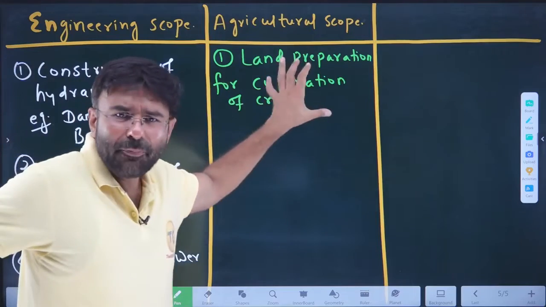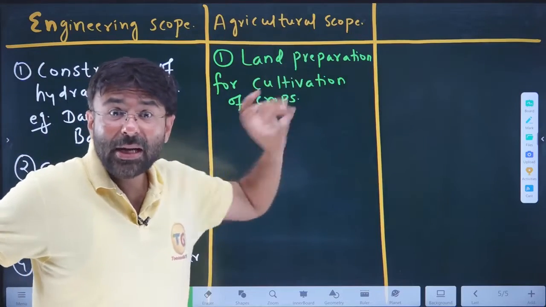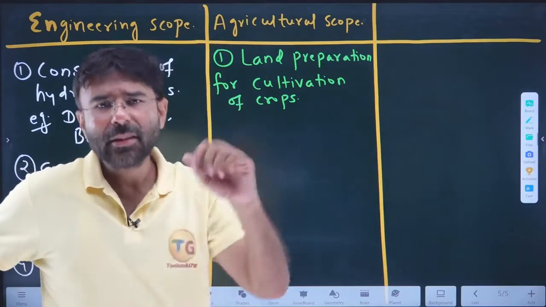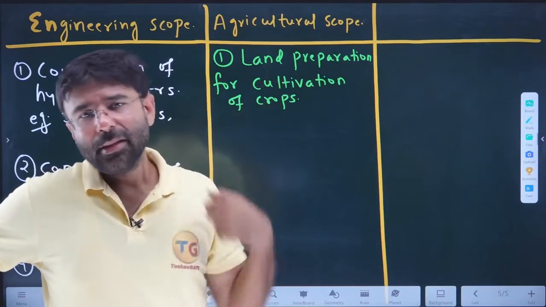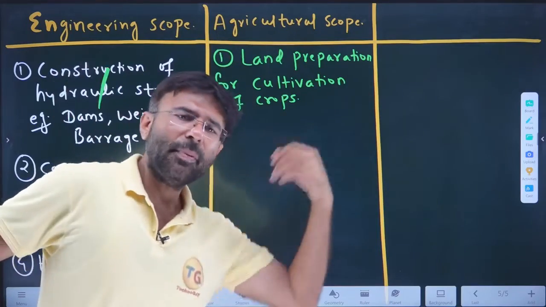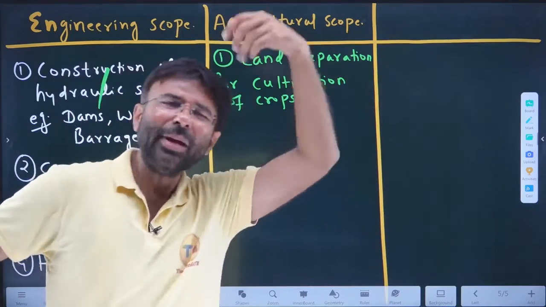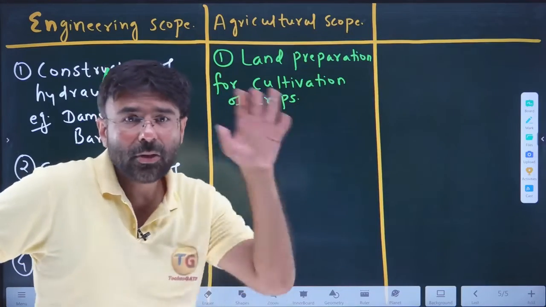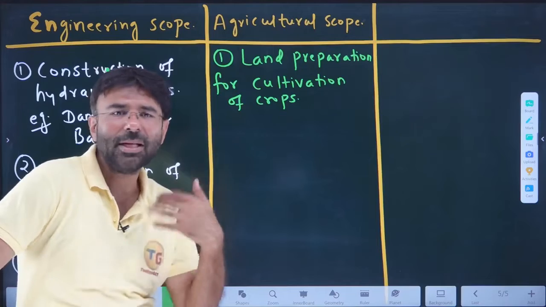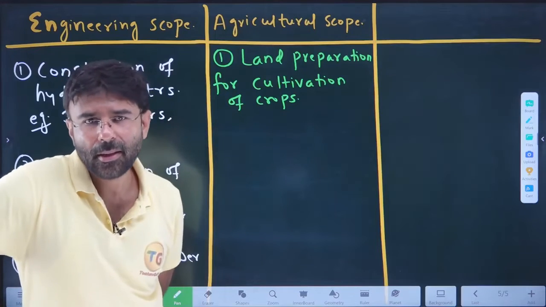Now I have prepared a land, and over this land which crop needs to be grown? Will it be rice? Will it be wheat? Will it be gram? Will it be sugar cane? Will it be some potato, tomato, anything? Which crops need to be grown in a particular season? As a civil engineer, I am not interested in this thing.